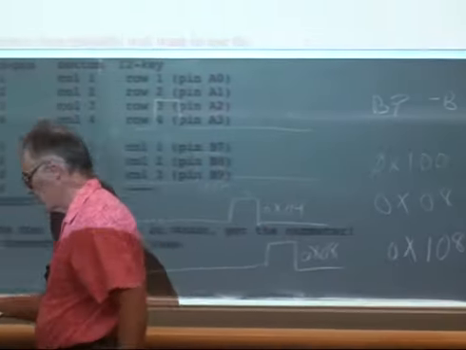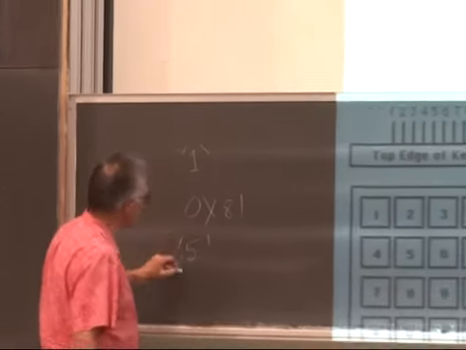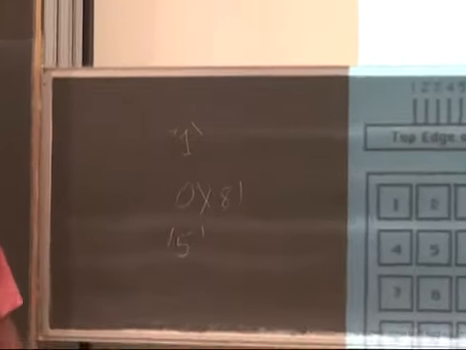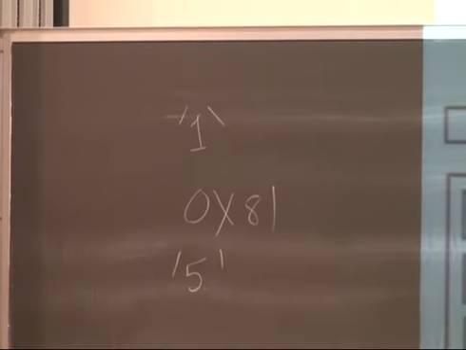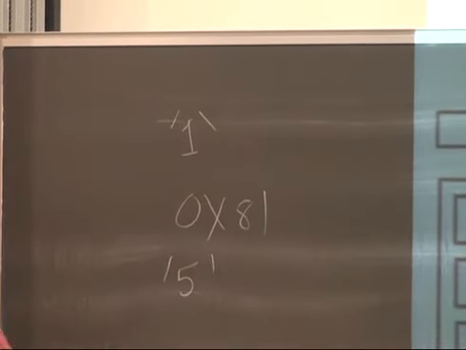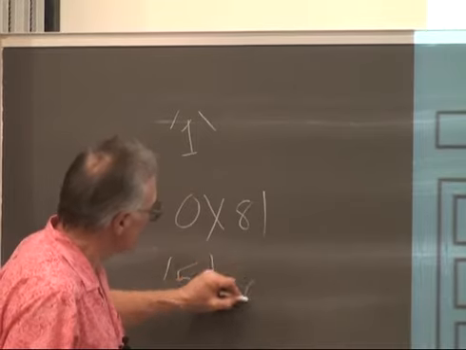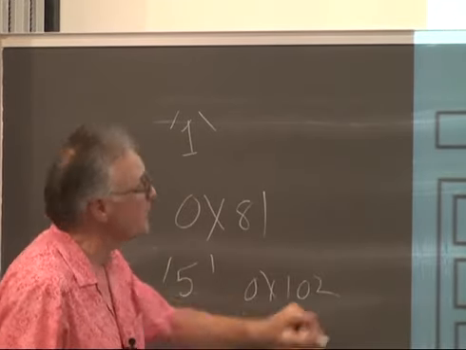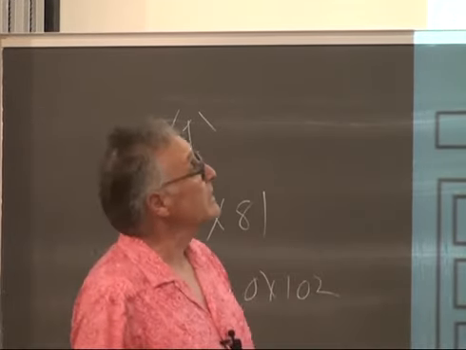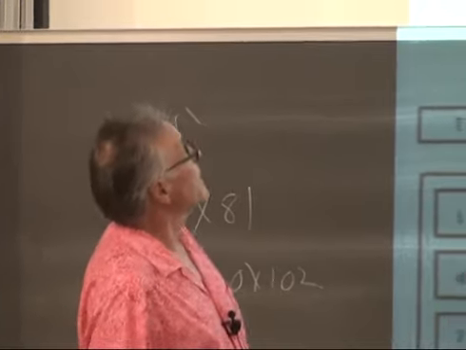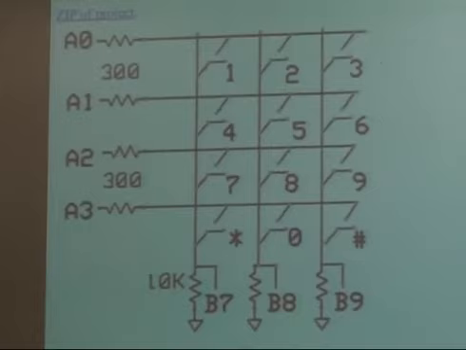Okay, what's button 5? Very good. 0x102. It's the second row down.